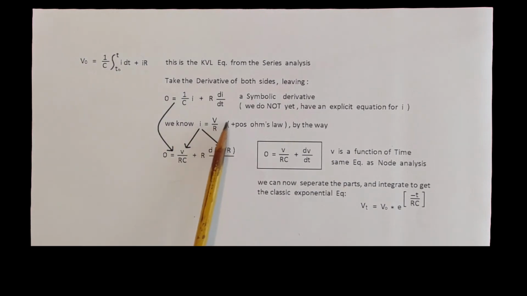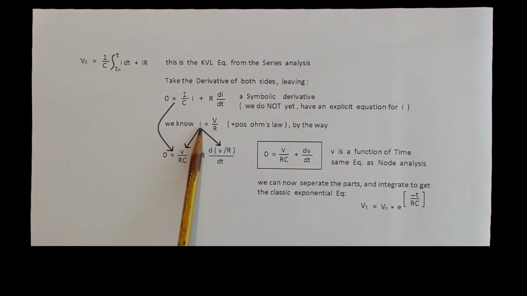We don't really know what the function for I is as a function of time, but we do know in a simplified way that I is equal to V over R. So we can substitute that in the equation, and with a little bit of manipulation, we're right back to the same equation that we wrote so easily with node analysis.